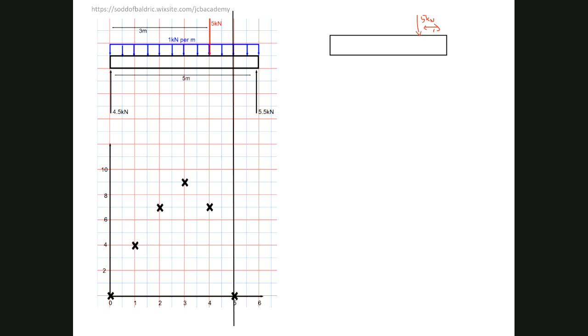I'm going to have my UDL, which is now about there, 2 meters away from that point, which is also 2 meters away from that point, because it's in the middle of the action of this beam at 4 meters, and it is 1,000, 1 kilonewton times 4 meters.